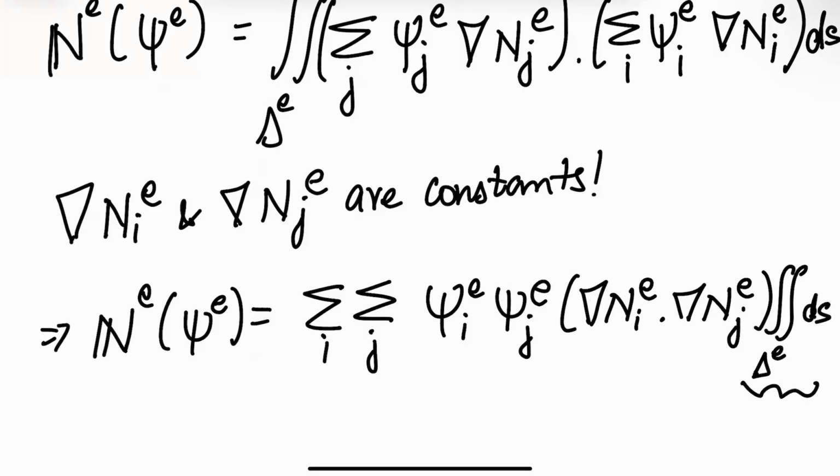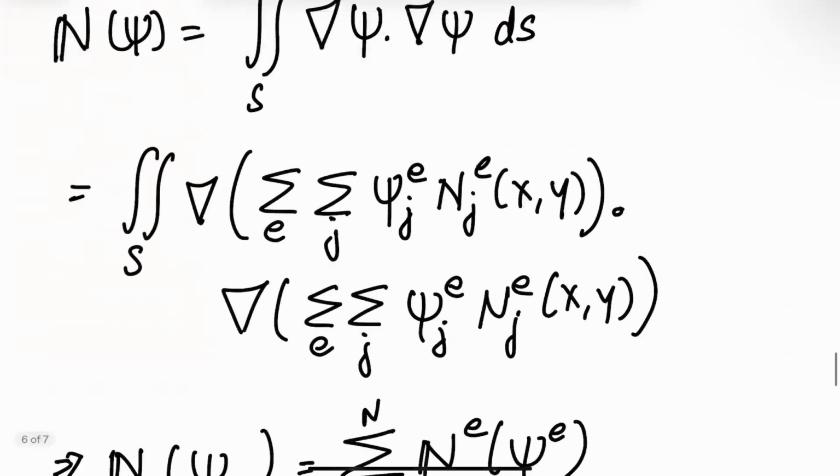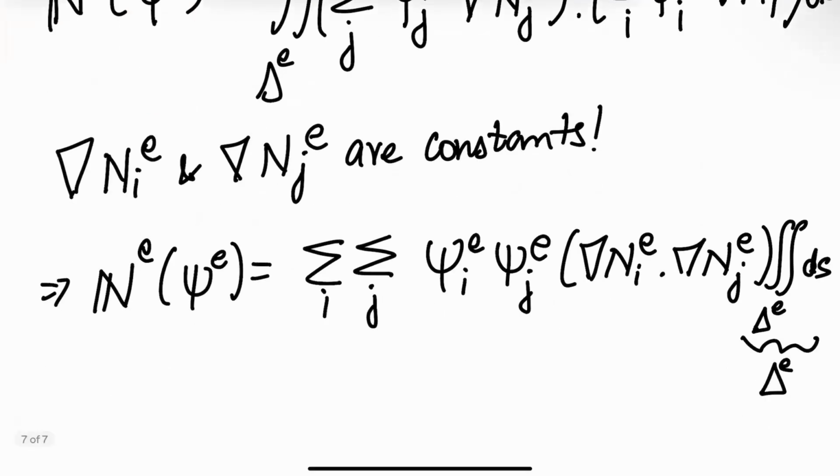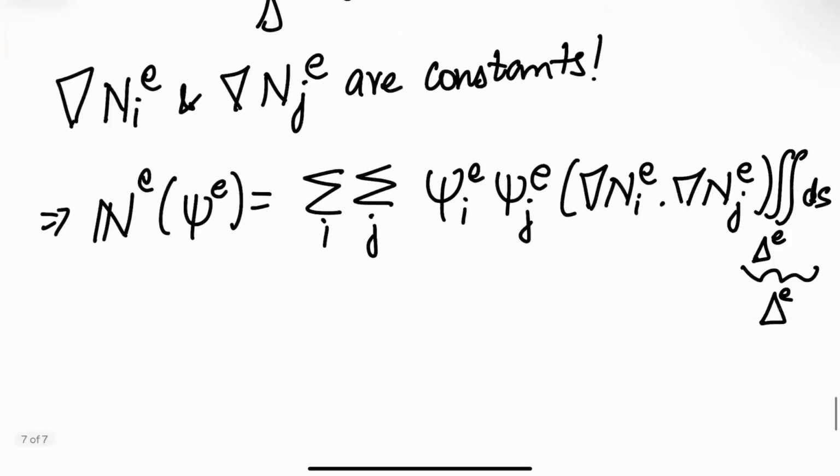But this is nothing but the area of the triangle, right? Okay, so maybe I should put a subscript. Hopefully you get it from the context what the different triangles are. But this is basically the area of the triangle, which we already know, which we call capital triangle of E.